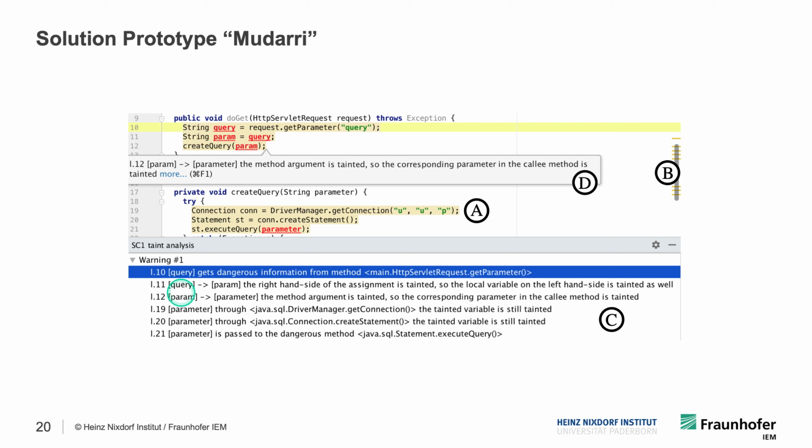And then the UI here would tell you what kind of rule had been applied, and would even give you a little bit of an explanation for it, right? So this would tell you the right-hand side of the assignment is tainted, and therefore the local variable on the left-hand side is tainted as well by this parameter rule here.